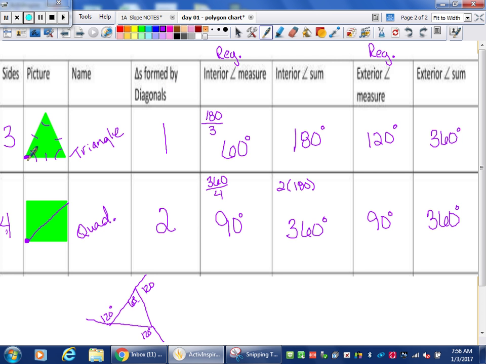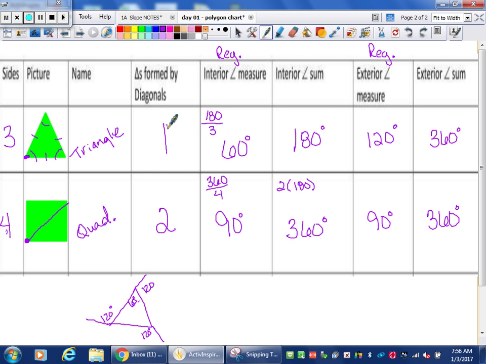But if I look here, if I start at one vertex, this is the only vertex I can start from, and draw diagonals to other vertices that don't make a side of the polygon, I can't draw any diagonals on this one because the other two vertices would cause them to be the sides of the triangle. So I can't draw any diagonals, but I do have one triangle in the figure.